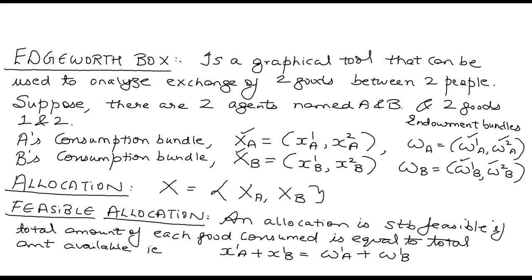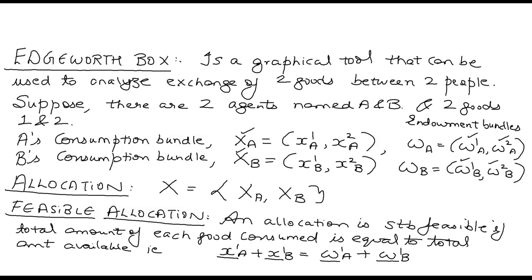So, an allocation is said to be feasible if the total amount of each good consumed, if I talk about good 1, the total amount of good 1 consumed by A plus the total amount of good 1 consumed by B is equal to the total amount of good 1 available in the economy. Now, what is the total amount of good 1 available in the economy? The total amount of good 1 available with A plus the total amount of good 1 available with B.